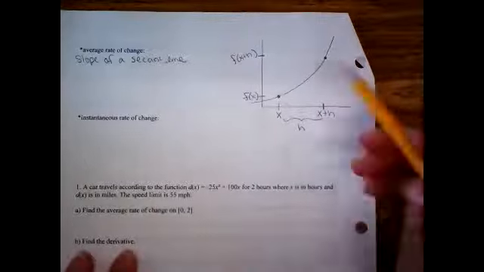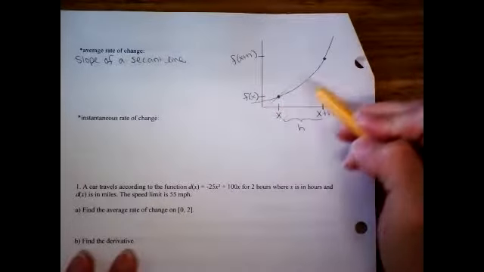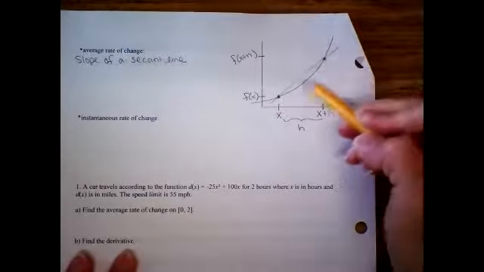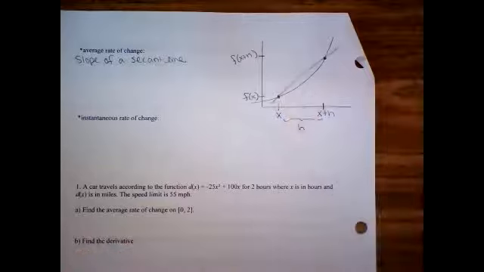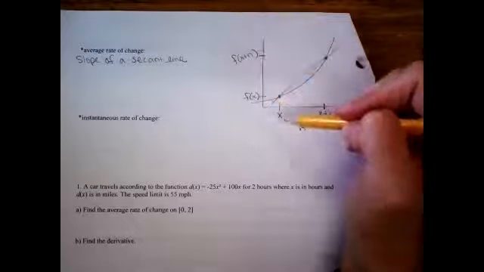So if I connect these 2 points, like we did with Alice and her 7-hour hike over there, we're going to do the slope between those 2 points. So we're going to subtract the y values, subtract the x values.